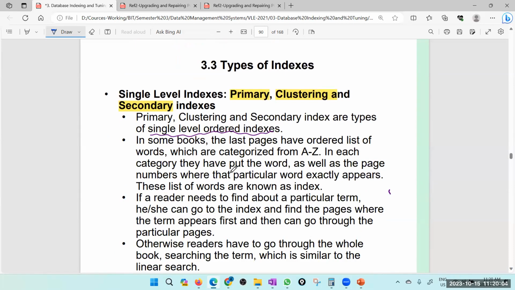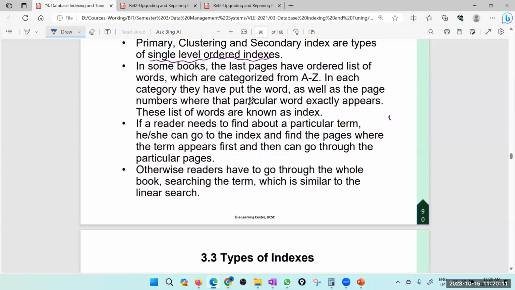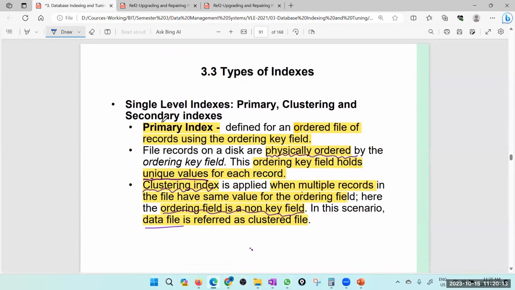Right. So there are three possibilities: primary index, secondary index, clustering index. What is meant by primary index? This is super easy, but you have to understand it properly. With a primary index, our data file is physically sorted on the primary key field.